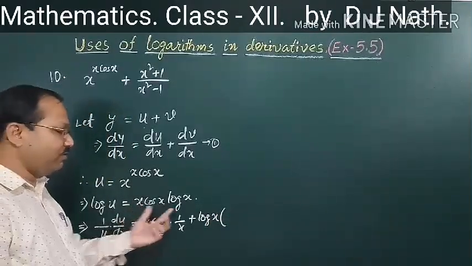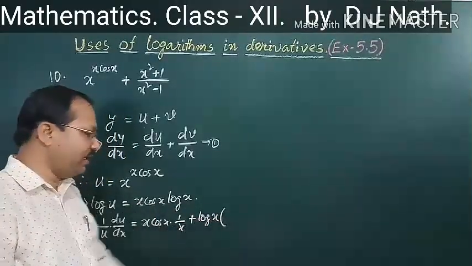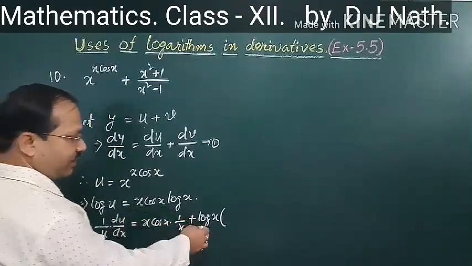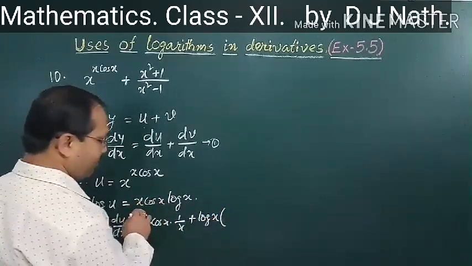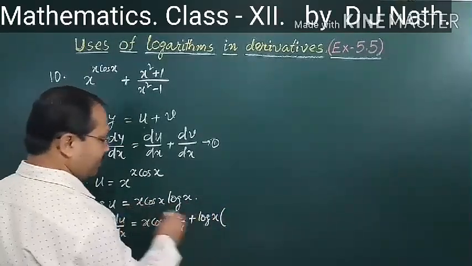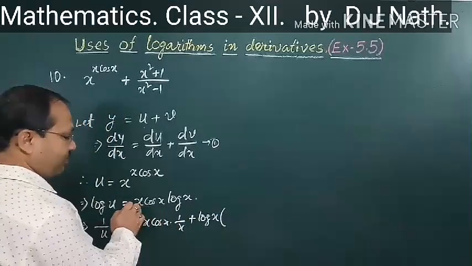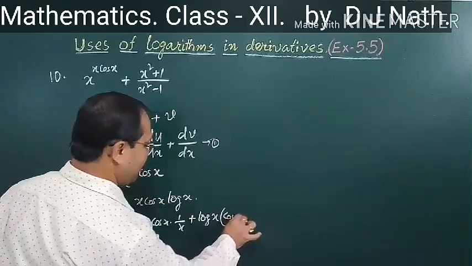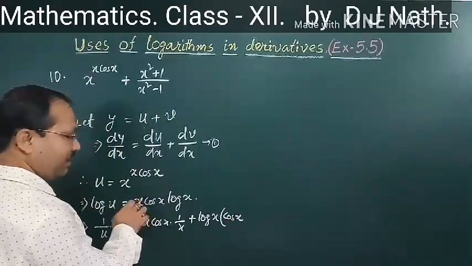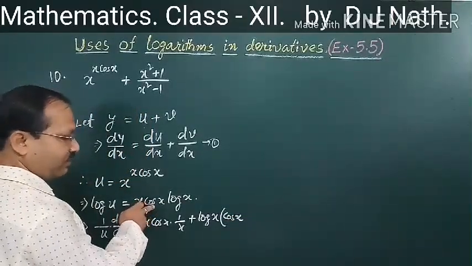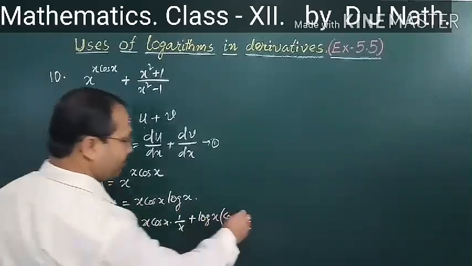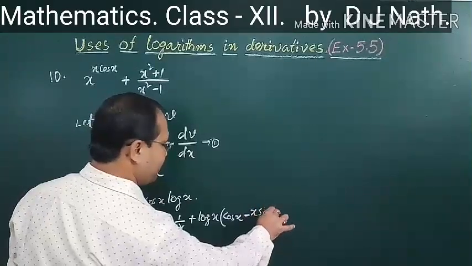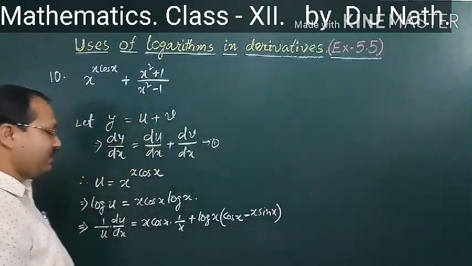That one we will do with product rule, because here 2 terms x and cos x are there. So d/dx of x cos x means, if we differentiate the first one it is 1, so it will be only cos x, and next the second one, d/dx of cos x is minus sin x, so minus x sin x: cos x minus x sin x.